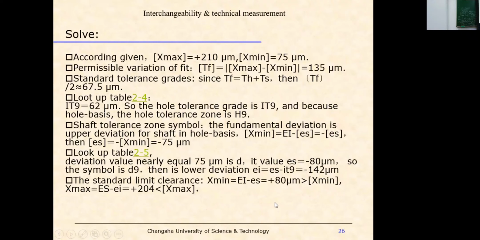Yeah. But the answer should be in the second bracket, the standard limit clearance.